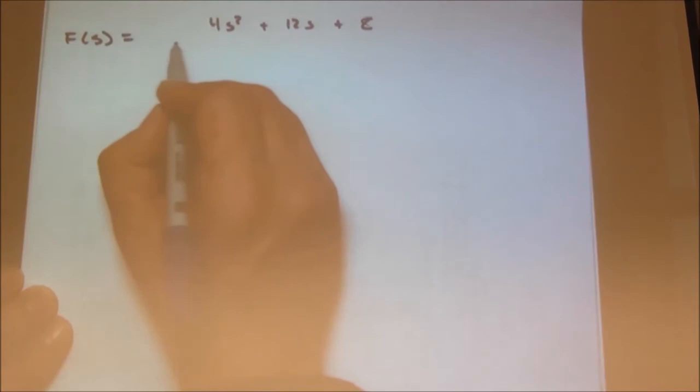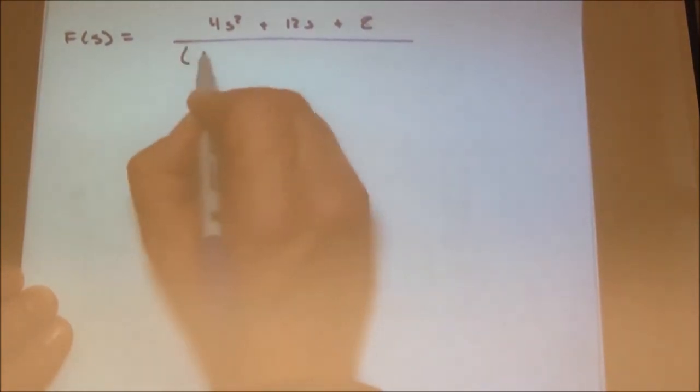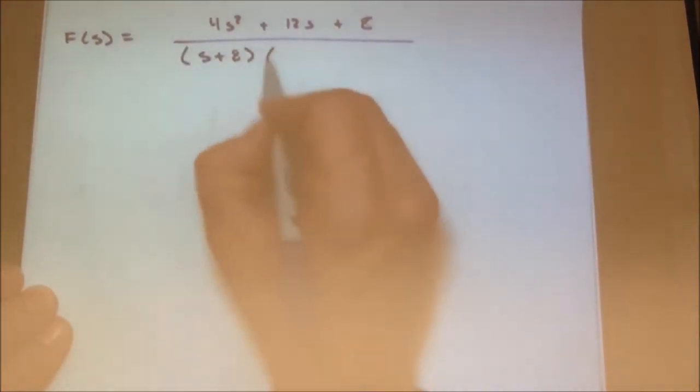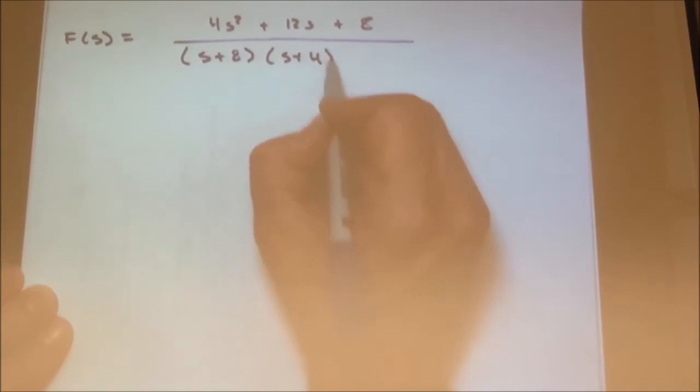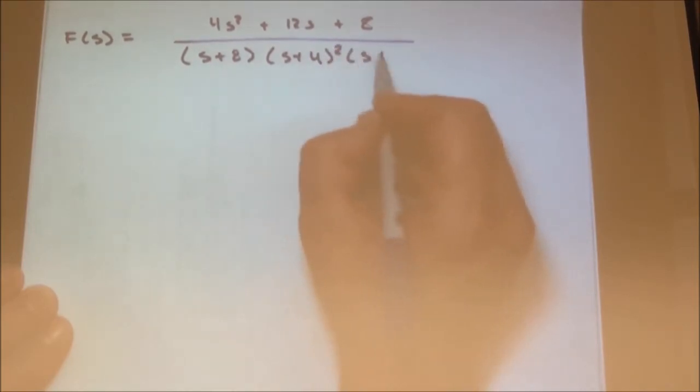So in the next case study, we looked at overdamped, we looked at underdamped, F of s, 4s squared plus 12s plus 8. And that gave us s plus 8, s plus 4 squared, and s plus 1.